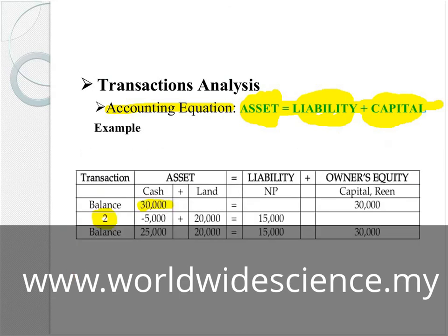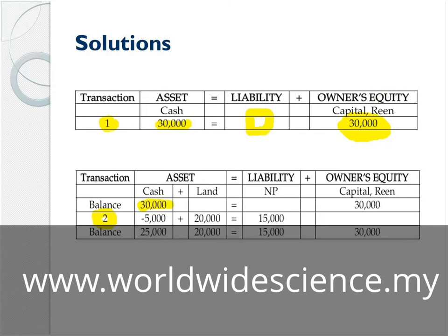And we show in the assets, this is what we have actually. Assets plus 20,000. He purchased land. Here, as you see, is an increase. Our assets right now increase by 20,000.